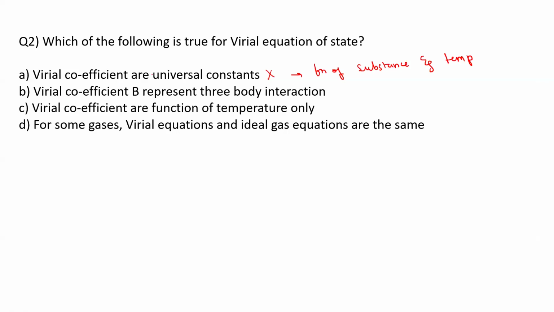Virial coefficient B represents three-body interaction. No, as we have already told, B/V is for two-body interaction and C/V² is for three-body interaction. Virial coefficient is a function of temperature only.